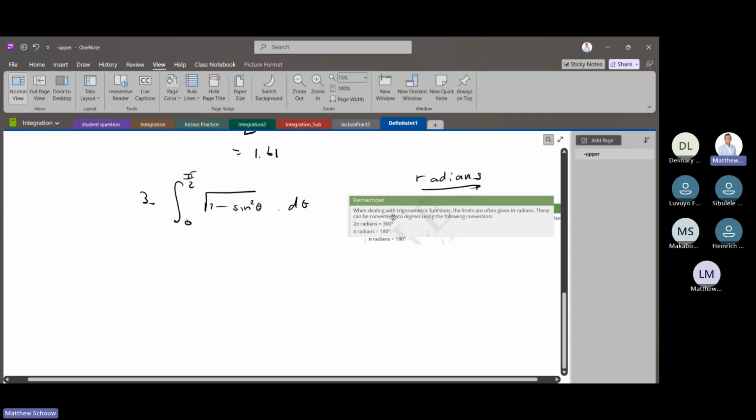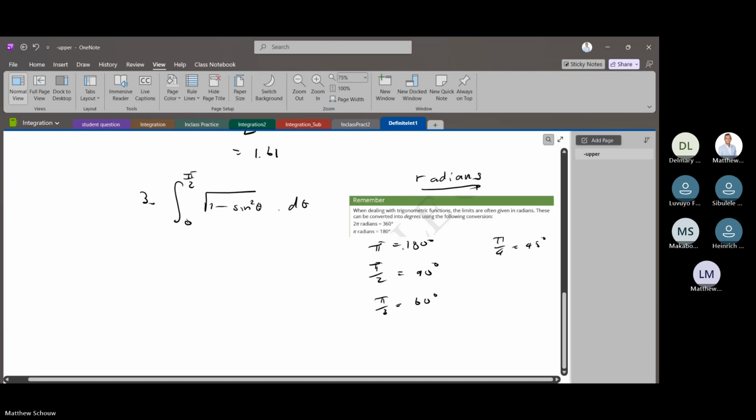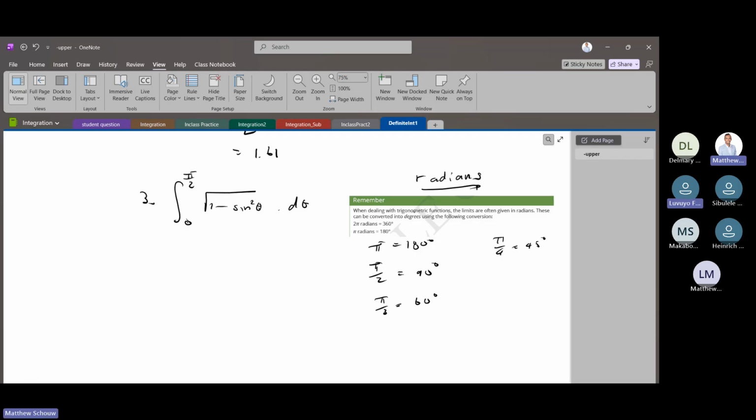So if you see pi, it actually equals 180 degrees, right? Therefore, if you have pi over 2, it will be equal to 90 degrees. If you have pi over 3, it will be equal to 60 degrees, right? And if you have pi over 4, that'll be equal to 45 degrees. So radians is basically another form to represent an angle.